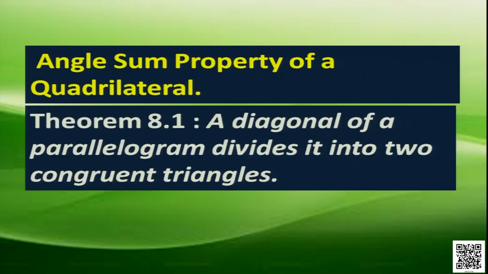What is that? A diagonal of a parallelogram divides it into two congruent triangles. So, one diagonal divides a parallelogram into two triangles and those two triangles are congruent.